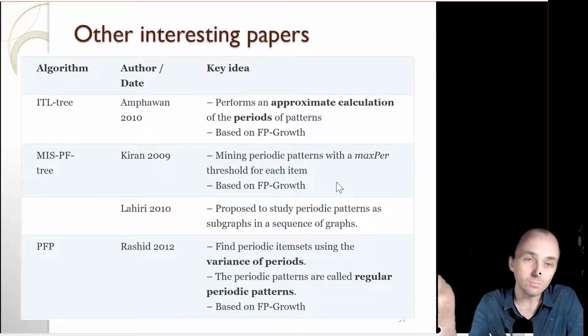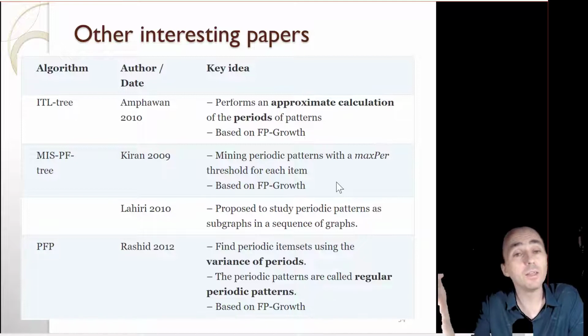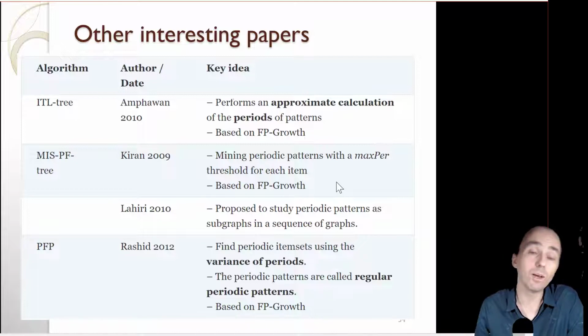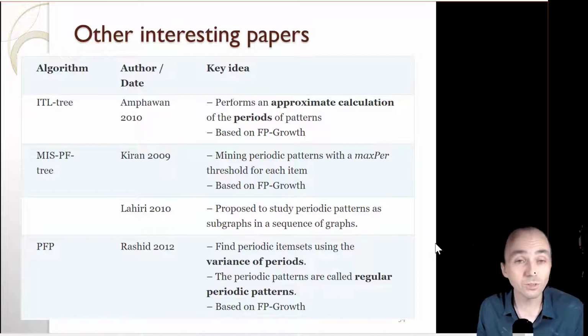So that was a brief overview of periodic item set mining. There are many other papers, so now I would like to give you an overview of a few interesting papers that I have read, that I find interesting, that bring some new ideas.